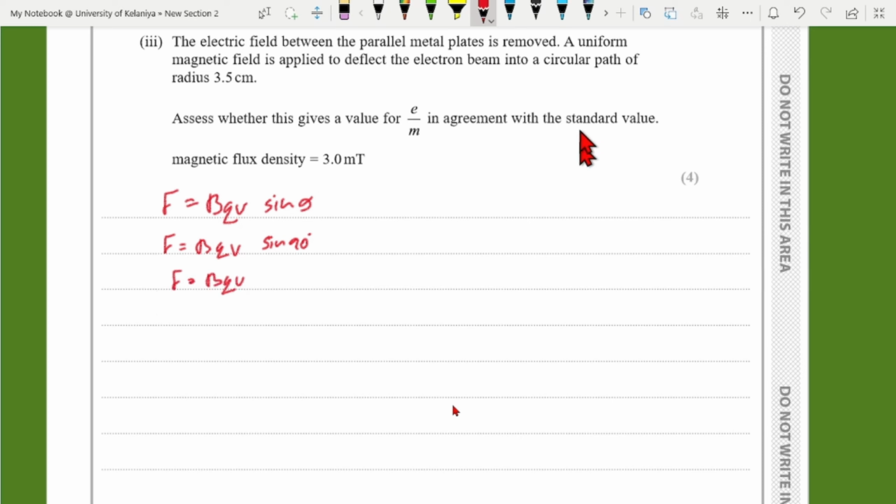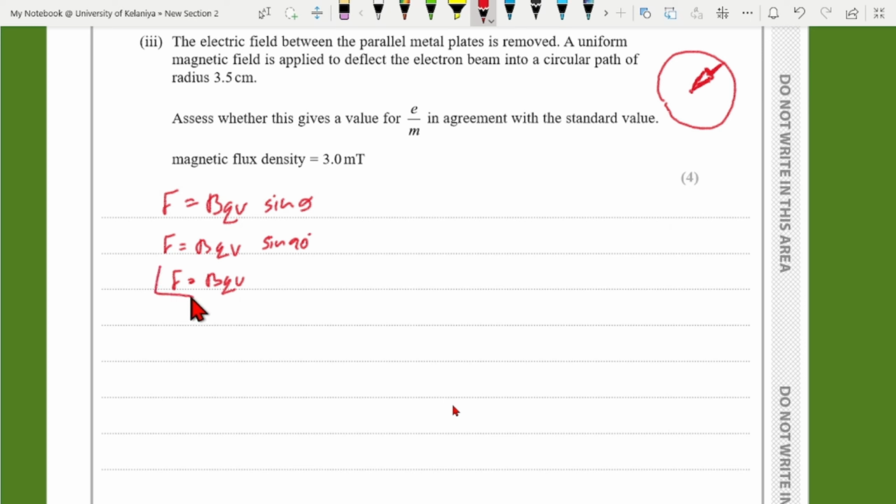So F equals Bqv. If it is moving along a circle, we all know its force should be towards the center. We call it centripetal force, right? Here, who's providing the centripetal force? The magnetic force on the electron provides that centripetal force.